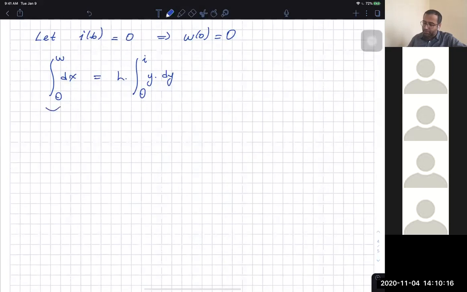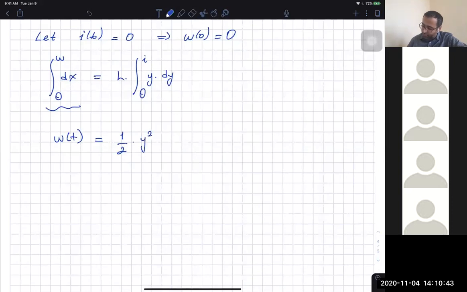So this part, what is the integral of dx? It will be just x. So I will put that v in, so for the left-hand side, I will be only having omega t, right? So what is the integral of y dy? Y squared over 2. So that will be 1 over 2 times y squared, right?